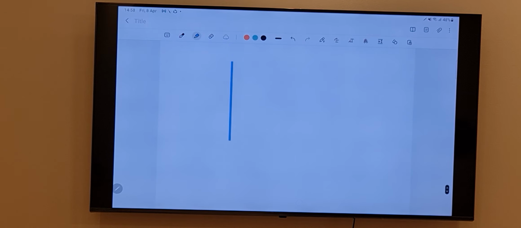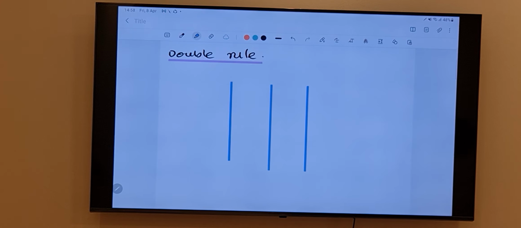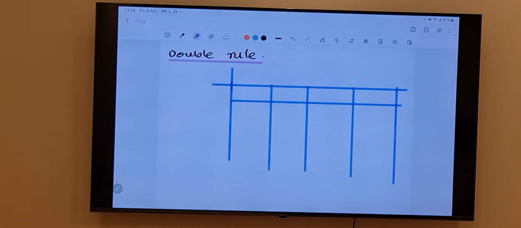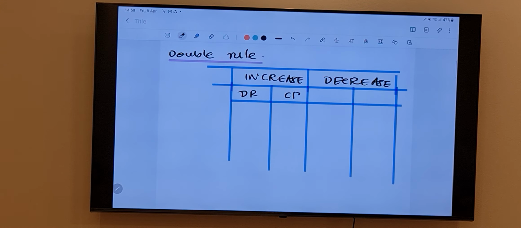Okay. Right. So, increase, decrease. If you have assets and any asset increases, we should debit.